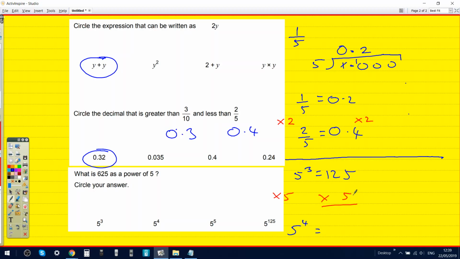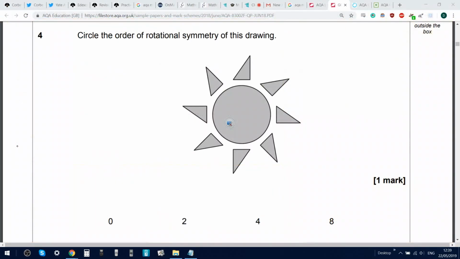So 5 times 5 is 25, carry the 2 over. 5 times 5 is 25, 0 and carry the 1. 5 times 6 is 30, 31, so 625. So it's 5 to the 4. Just times another 5 brings it from 5 to the 3 to 5 to the 4. Okay.